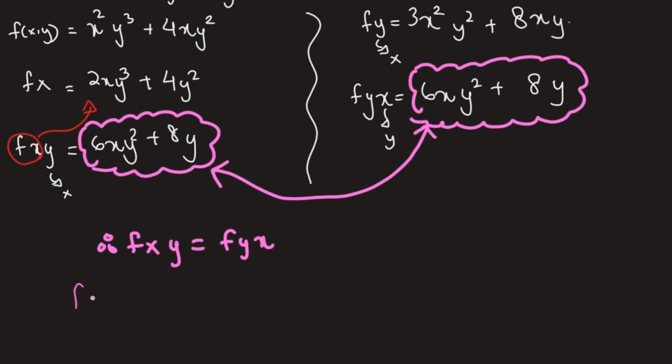Similarly, if you have f of x of y z, it's going to be equal to f of y x z or f of z x y, because you're taking the derivative with each component once.